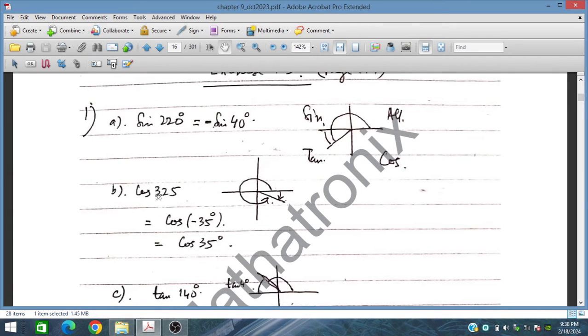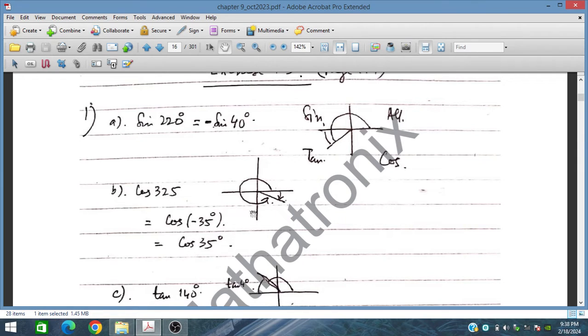Similarly for this one, cos 325. From here to here, this is 270, this is 180, and the remaining is 360 minus 325, which is basically 35 degrees.